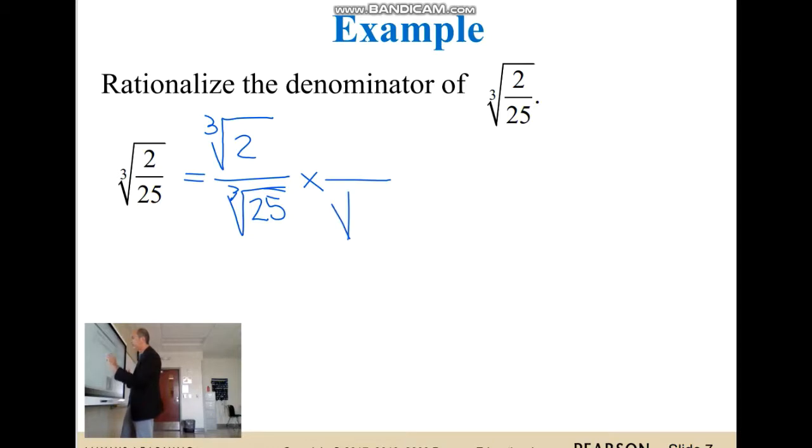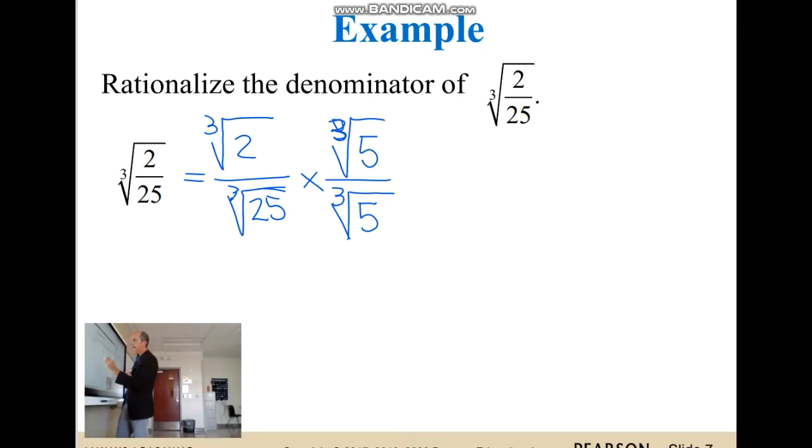So what we're going to do is multiply this whole fraction by a special 1, a fraction that is equal to 1. This is going to be cube root of 5 on the numerator and cube root of 5 in the denominator. This is a special kind of 1.